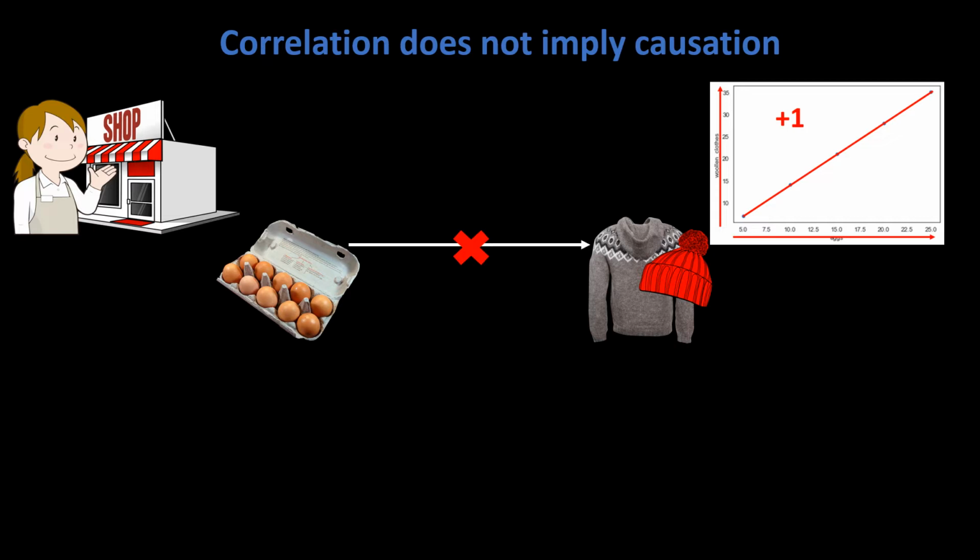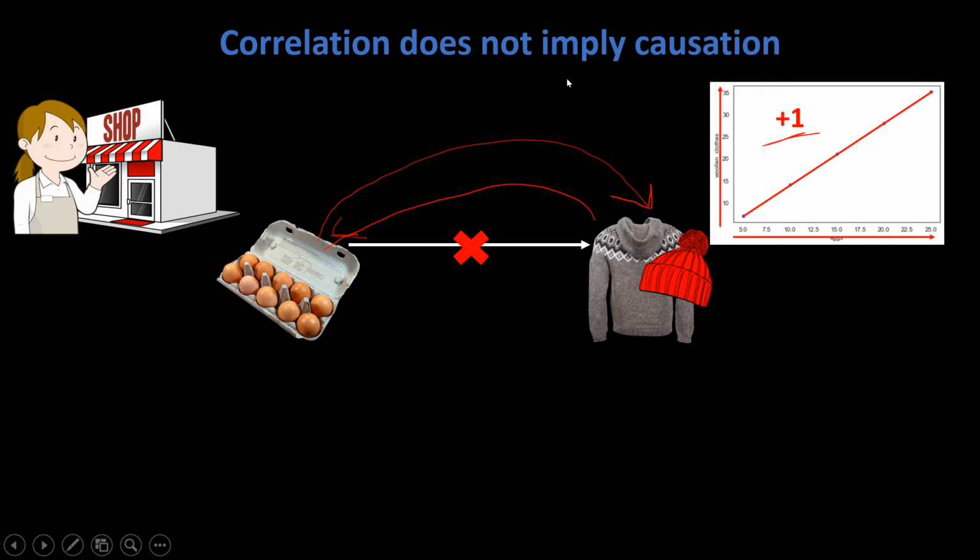To conclude, though both of these variables have a very strong relation, eggs are not causing the increase in the sale of woolen cloth, and the same applies to woolen cloth as well. So this is how we say that correlation does not imply causation.